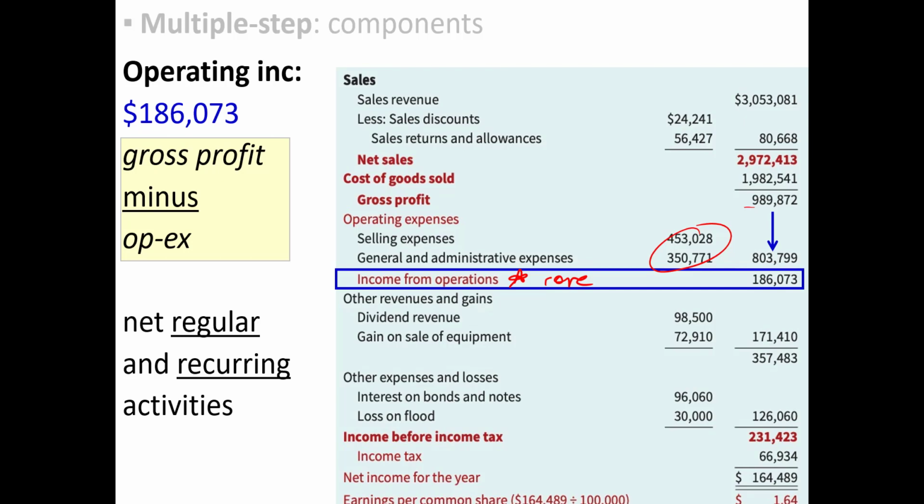We'll deal with tax later, but this sort of raw number here is something we can compare against other competitors to see, hey, how profitable are other companies at just selling their shoes or selling their motorcycles? This is a number that's often compared against other competitors, but it's definitely something we want to show in an income statement year over year. Oftentimes, if this is the current year operations, we'll have prior year numbers right next to it, so we can see how the company did year over year.